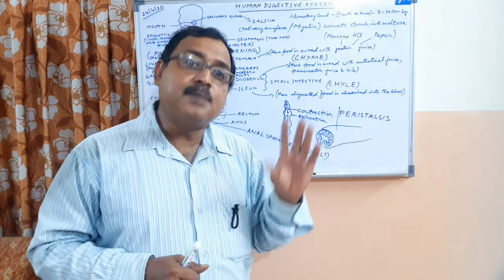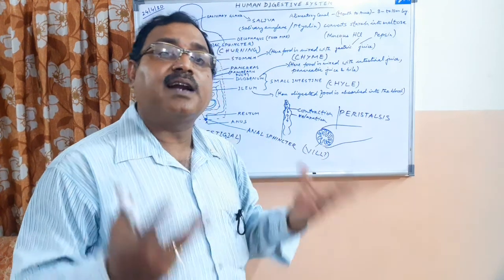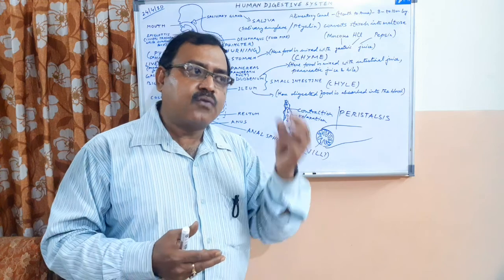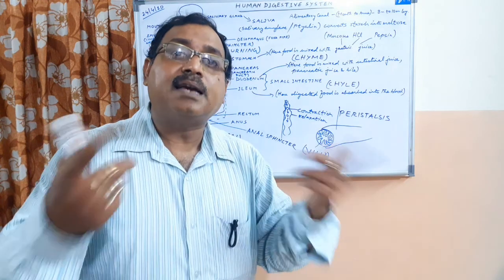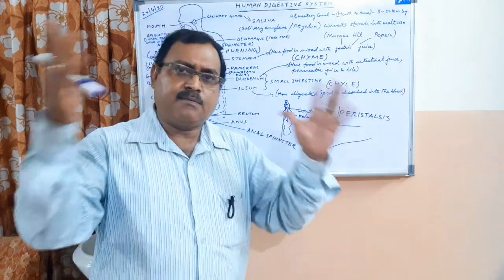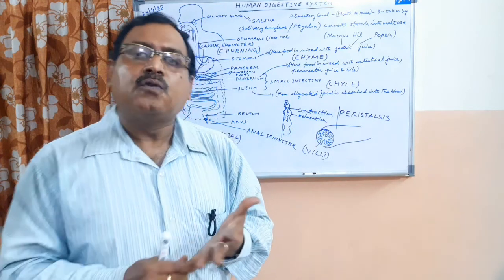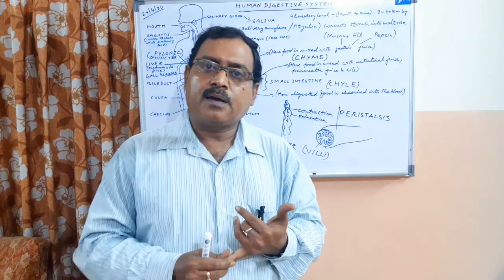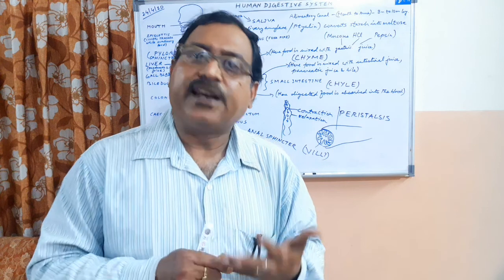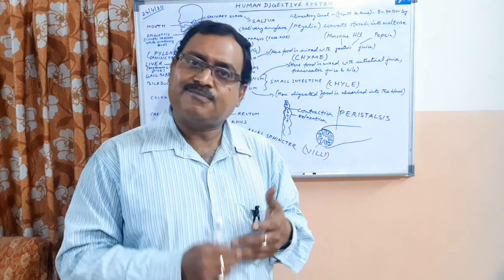Now after this, how does the food get assimilated? Assimilated means how this food is being utilized inside the body. Now many uses are there. This food may be utilized for producing energy via the process of respiration.